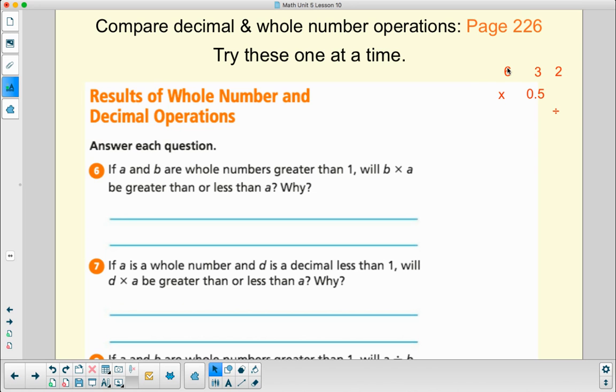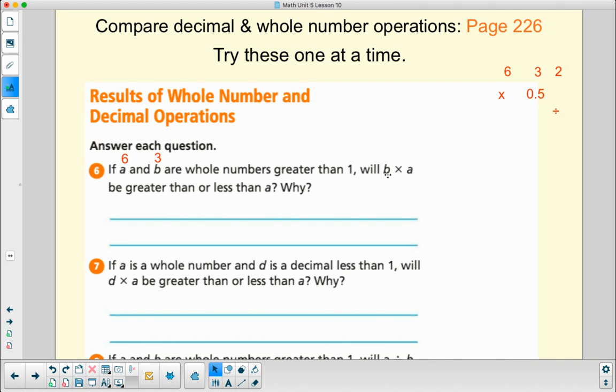A and B are whole numbers greater than 1. So if I say A is 6 and B is 3, all right, so A is 6 and B is 3.